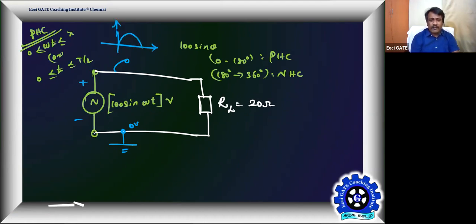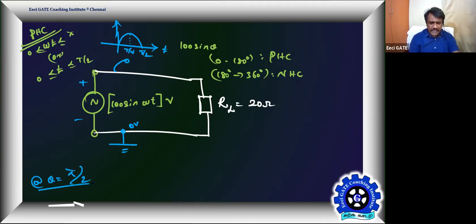Let me mark one point. So this is theta, 0 to pi, so let me mark pi by 2, otherwise T by 4 we can say. This is T by 2 and this is T by 4. T by 4 is nothing but, at time t equal to T by 4, theta equal to pi by 2. Or you can also say at theta equal to pi by 2.